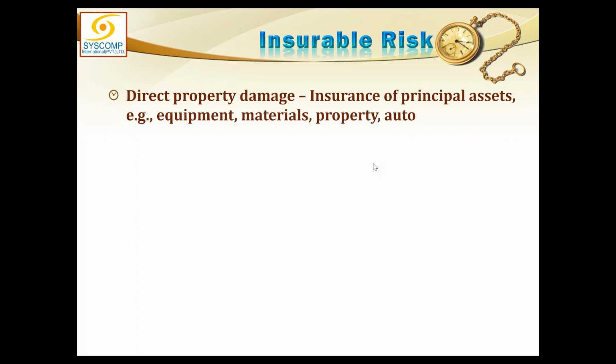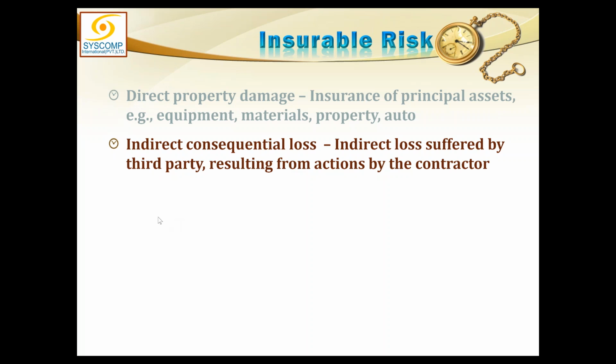Another kind of insurance could be indirect consequential loss. Indirect consequential loss suffered by a third party resulting from action by the contractor. You see, you are driving your car which is insured. So any damage to your car will be borne by the insurance company.